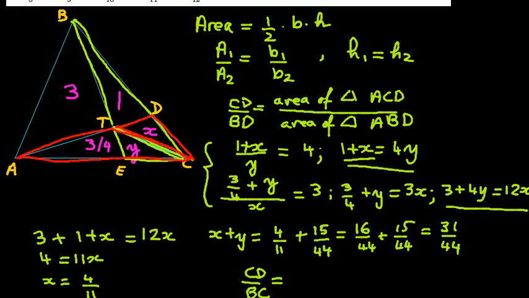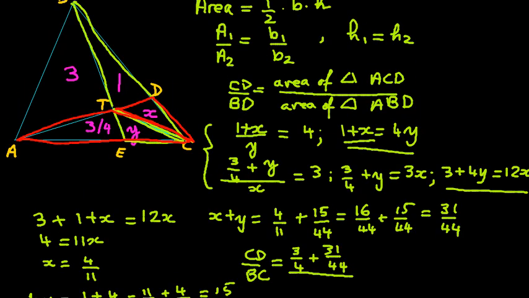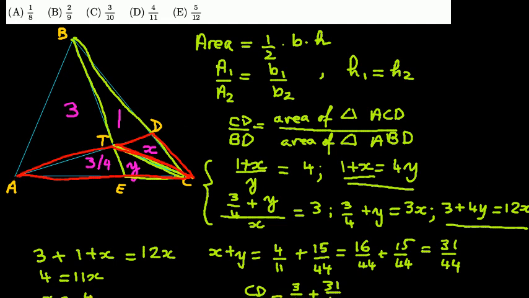The area of this is 3/4 plus the area of this quadrilateral, X plus Y, which is 31 over 44, divided by the area of triangle ABD, which is just 3 plus 1. So that's 4.